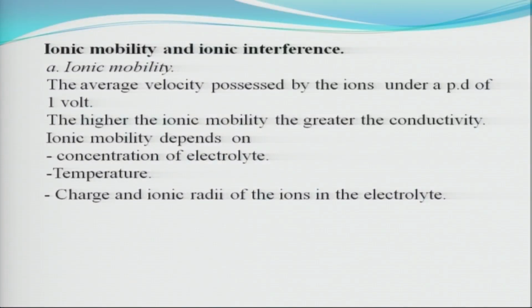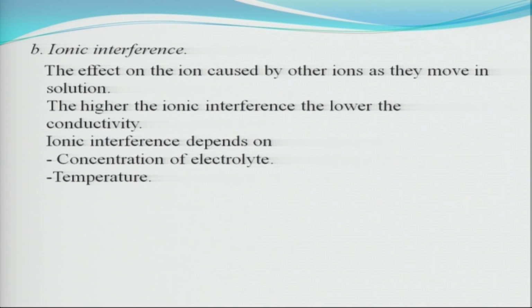So another factor we shall talk about is ionic interference, the effect of an ion caused by other ions as they move in solution. As I was giving you an example of cars moving in traffic, when the cars are very many, it is hard for them to move, and sometimes there are even small accidents, because they are interfering with themselves. Even with these ions, when the ions are very many, the interference becomes very high.